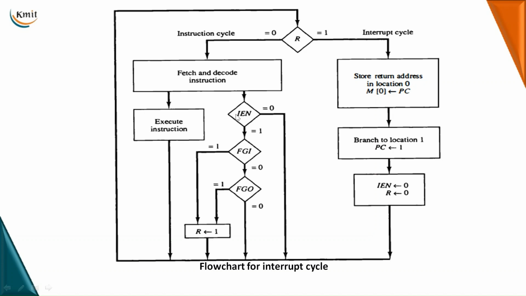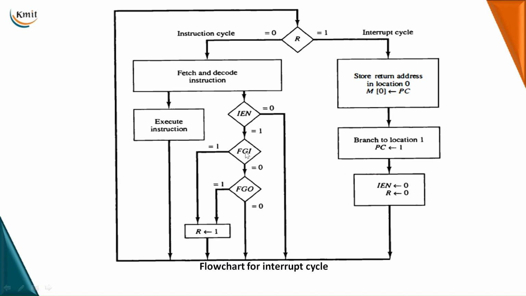It will first check the interrupt enable. If the interrupt enable is 0, then no input or output device can send an interrupt signal, so it will continue with the next instruction.